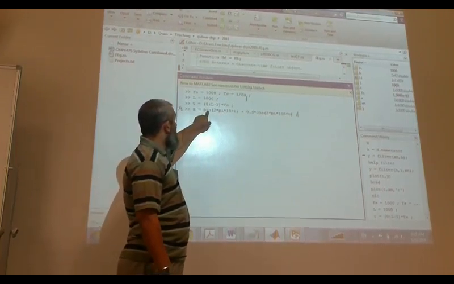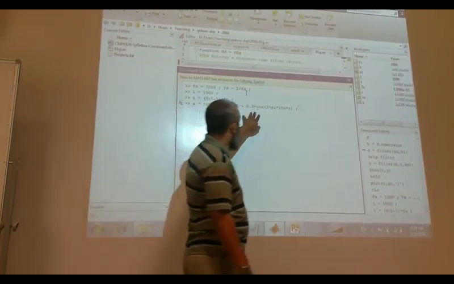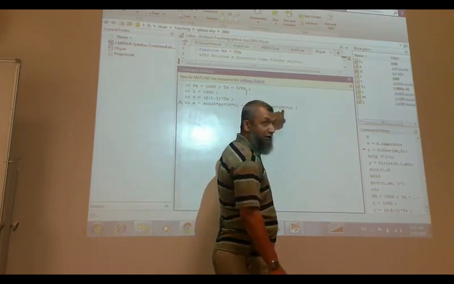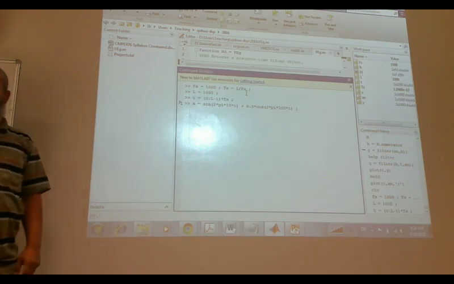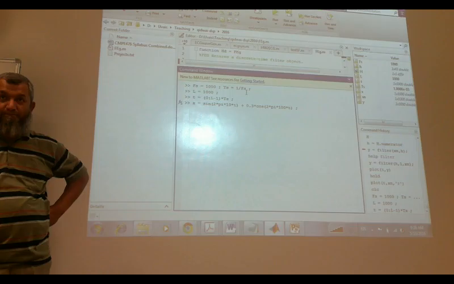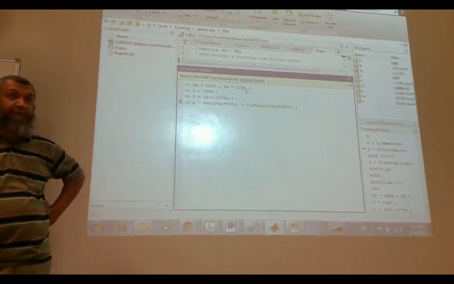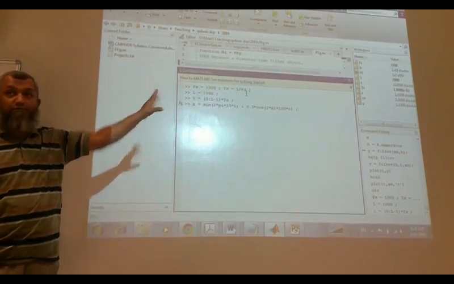The sine wave has a frequency of 10 Hertz, 2 pi ft. Cosine has 2 pi f, 100 Hertz frequency. Is our sampling frequency okay for this signal, or will we have problems? Yes, the highest frequency is 100 Hz. Sampling frequency is 10 times of that, which is 1000, so we are okay.